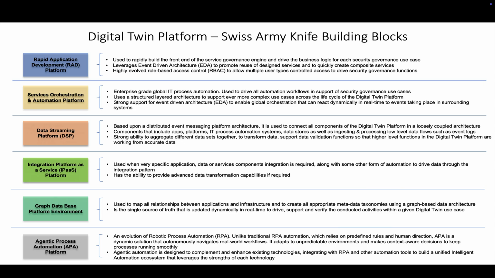Graph Database Platform. This is one of the most important technology components of the digital twin platform because it's in the graph database platform where we model systems as digital twins. It's very important to have the right graph database architecture in place in terms of scale and performance, particularly for large organizations which may wish to model a large range of highly complex digital twins.